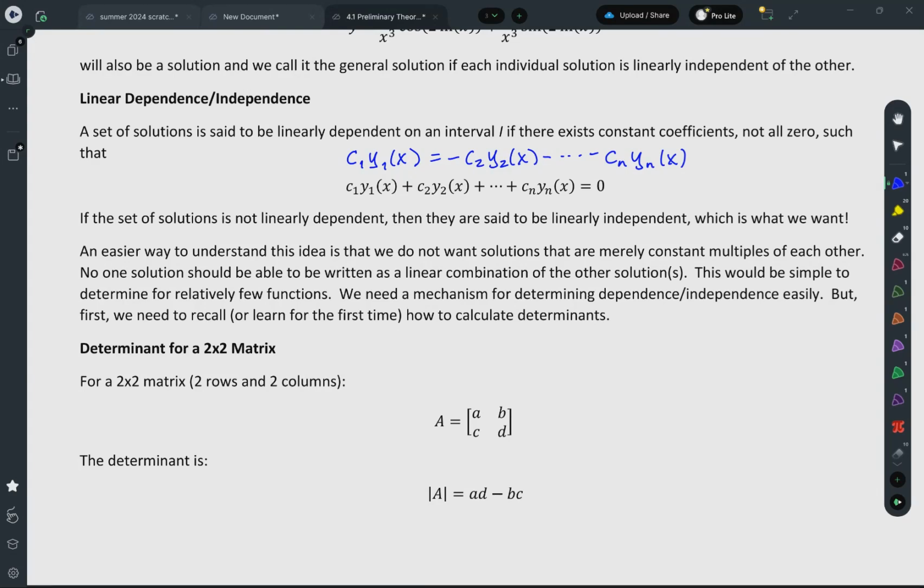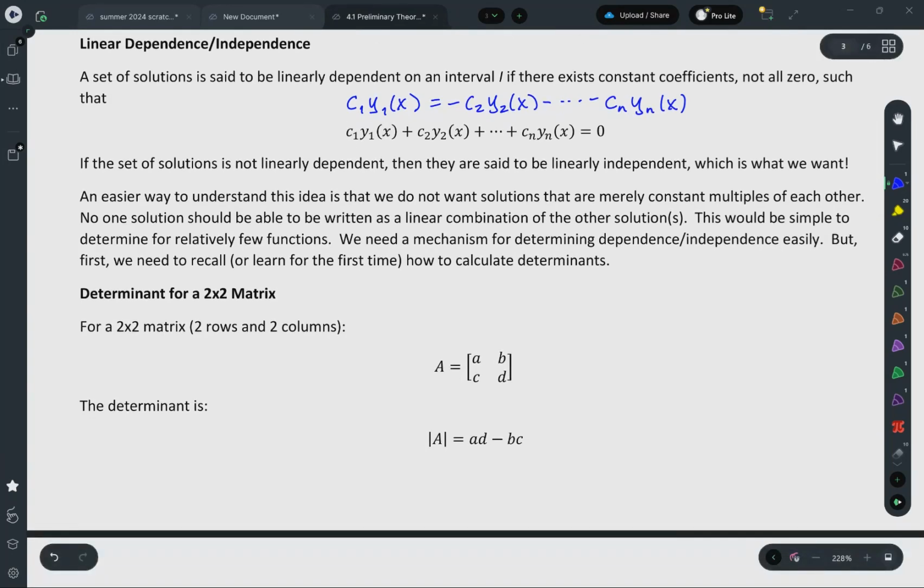But in general, we want a way that works for all functions that doesn't cause a lot of grief trying to figure out whether we can write them in terms of each other or not. But in order to do this, we first need to learn a little trick. It's a tool called the determinant. You may or may not have seen it. But we have to learn it in order to be able to determine dependence and independence easily.